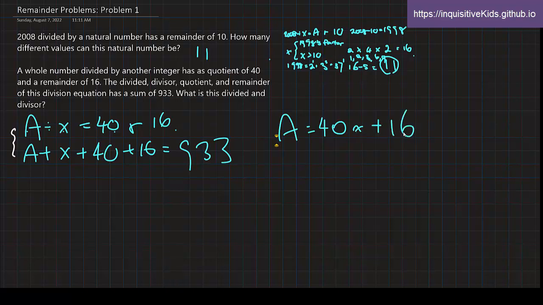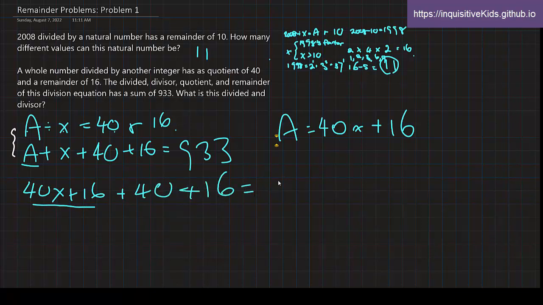So now we have another expression to replace a, 40x plus 16. So we could substitute this value into this equation, so we only have one variable, which is x. So in place of a, we will write 40x plus 16. And then we plus x plus 40 plus 16, and we know that that equals 933.